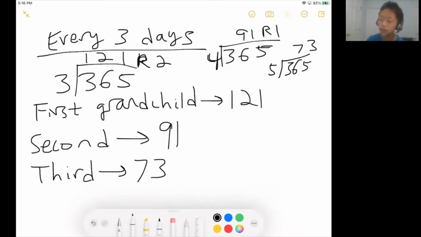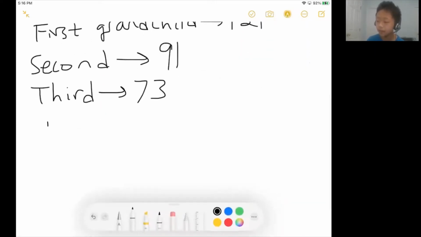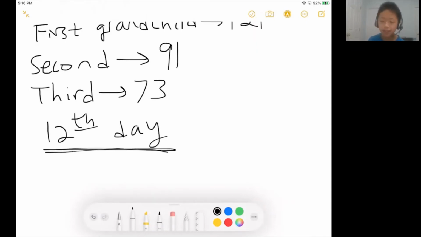Because, for example, on the 12th day, the first grandchild is going to call because 12 is divisible by 3. The second grandchild is also going to call because 12 is divisible by 4. But then we count this day 2 times, and we only want to count the day 1 time.